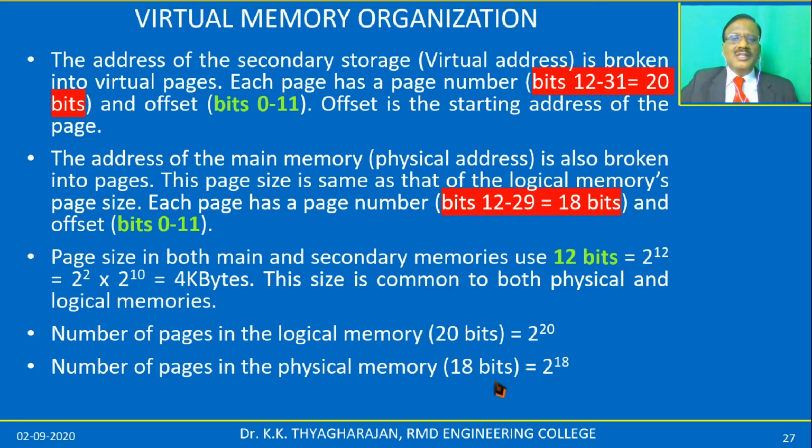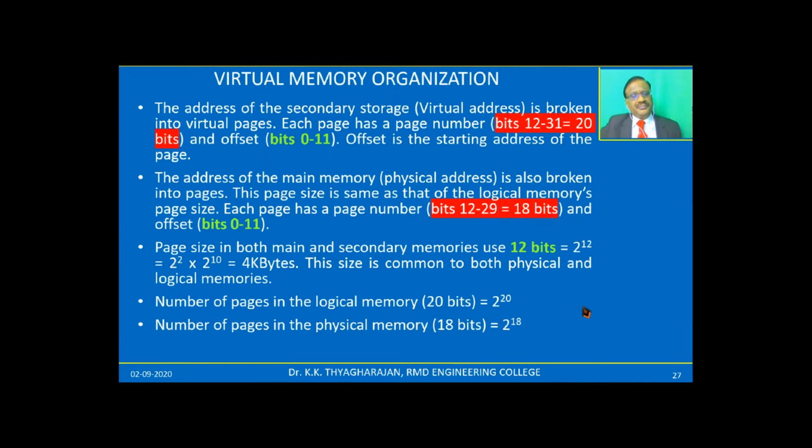Now compare these two. Physical memory can have only 2 power 18 pages, but the logical memory, the secondary memory, will have 2 power 20 pages. That means the main memory size is smaller compared to the logical memory or secondary memory size.